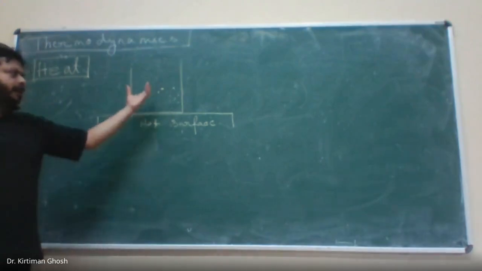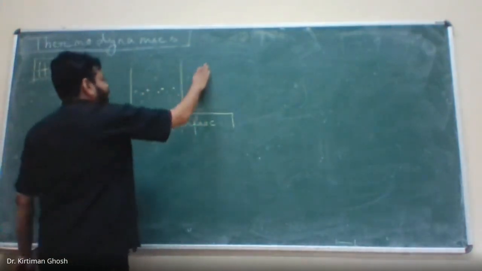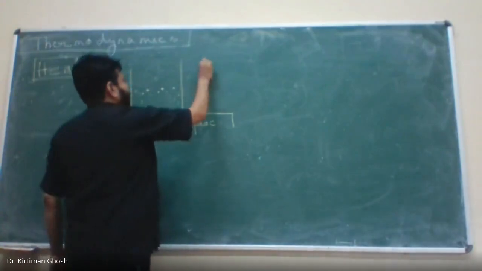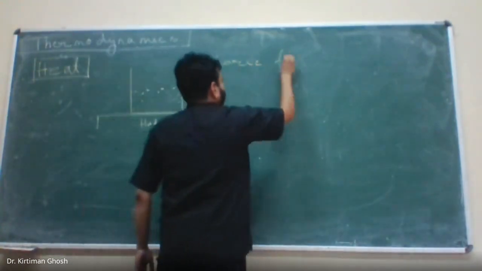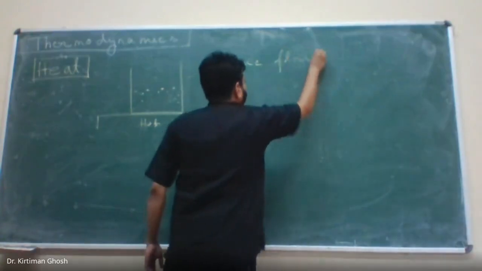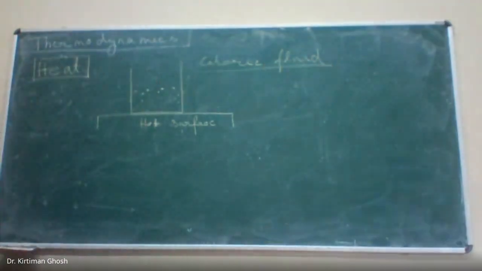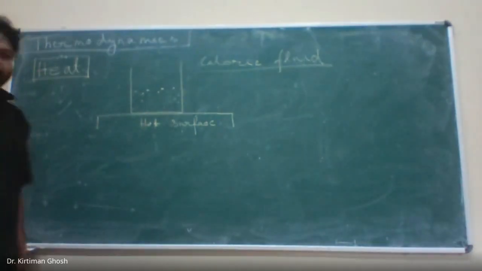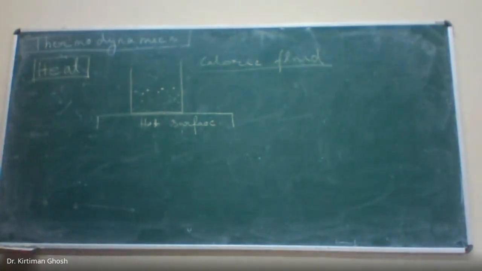People called that caloric fluid. Obviously, you know that heat is not a fluid; it is some kind of energy transfer. But I am talking about how all these ideas came about.